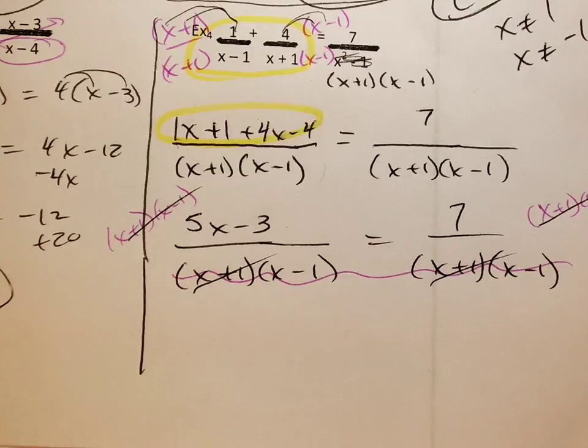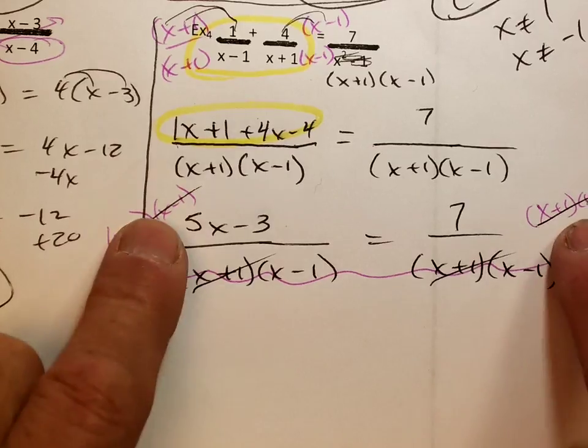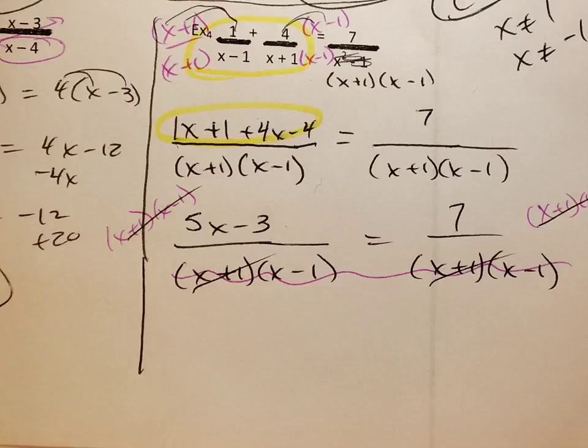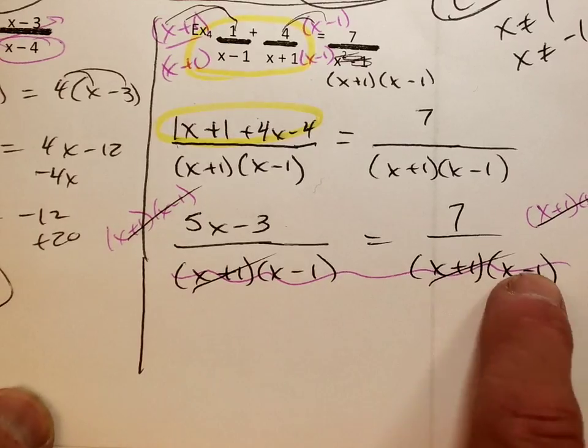Does that make sense? Once you get that common denominator all the way through, you can just scratch it out, because if I multiply by the common denominator, it will cancel out, okay? Capiche? One more time, when you get the common denominator all the way across, just get rid of it.